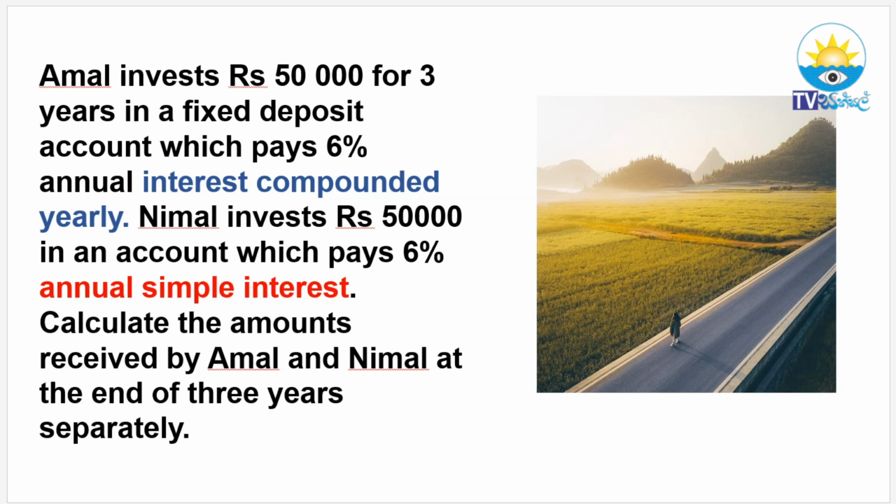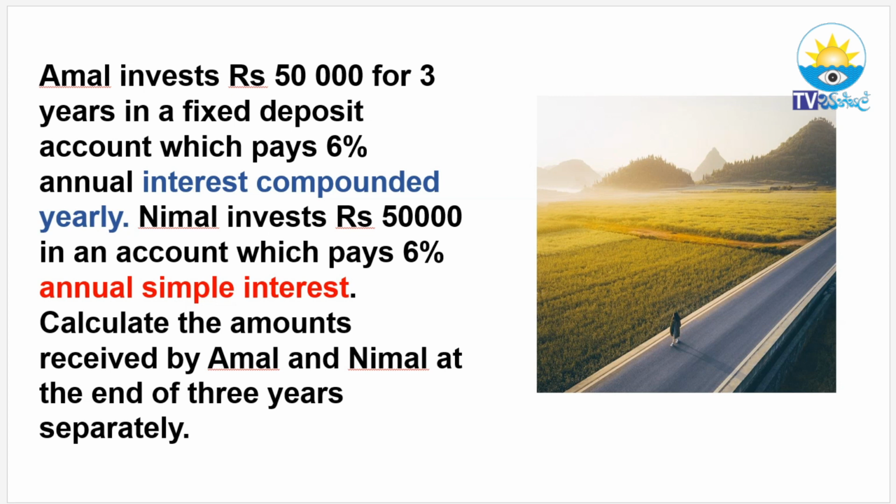I think, my children, there are 2 methods you have to follow in this question. 2 persons obtained loans under the 2 methods. First person obtained 50,000 rupees under the interest compounded yearly.